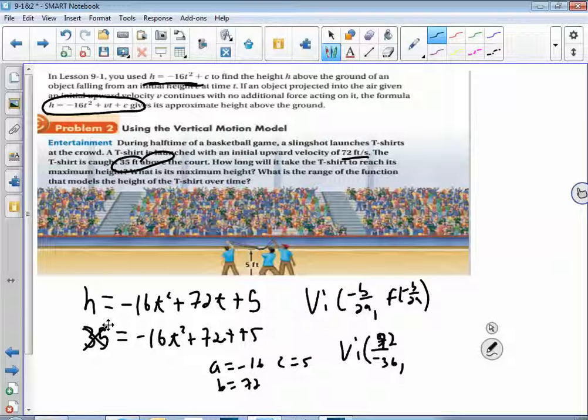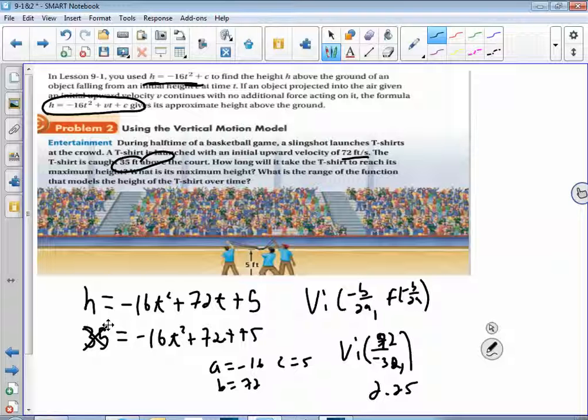If you use your calculator, it is going to be negative 72 over negative, I'm sorry, it's supposed to be negative, not positive. It's negative 72. It should be negative 72 because it's negative b. So negative 72 over negative 32. And that comes out to be 2.25. 2.25 is the time it takes.